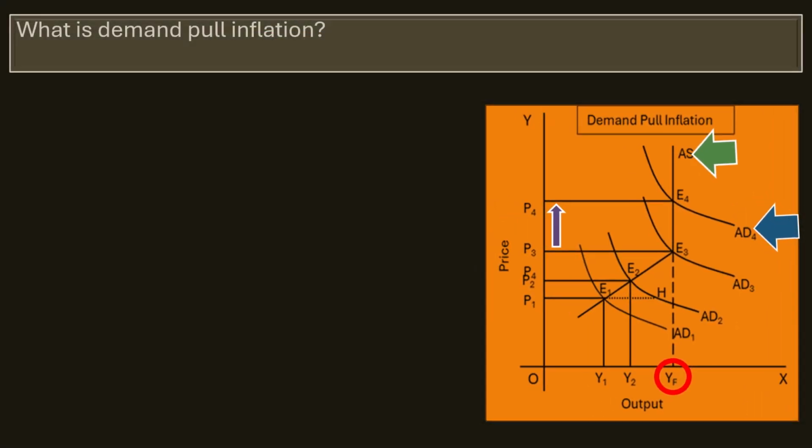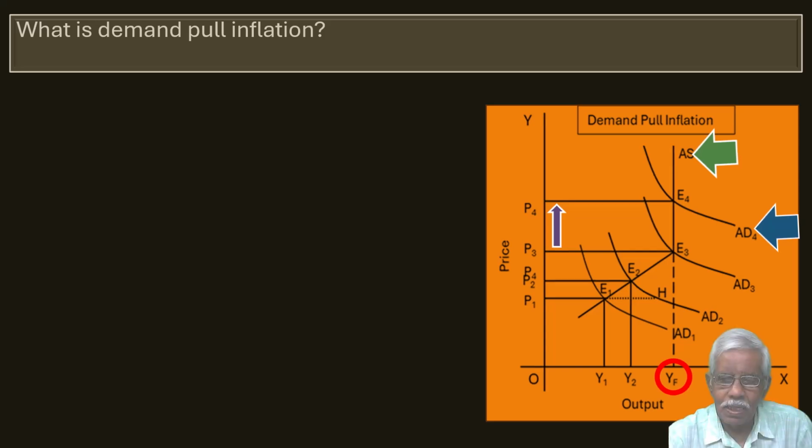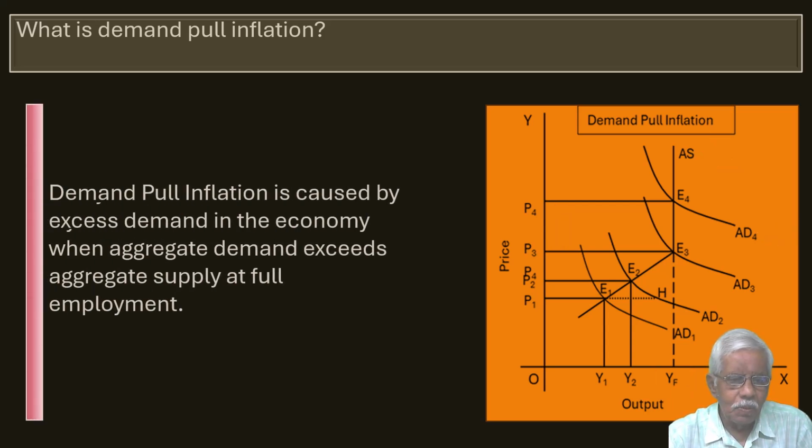This increase is demand pull inflation. This explanation is purely for your understanding. In the examination, it is enough if you give the definition of demand pull inflation. Demand pull inflation is caused by excess demand in the economy when aggregate demand exceeds aggregate supply at full employment.